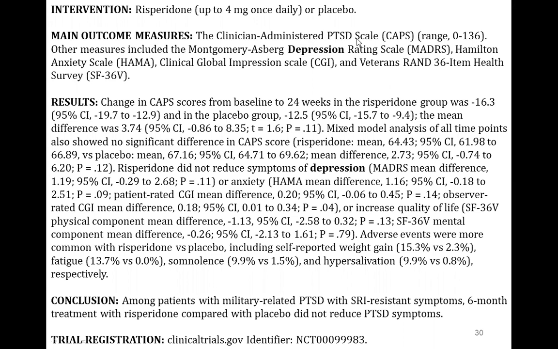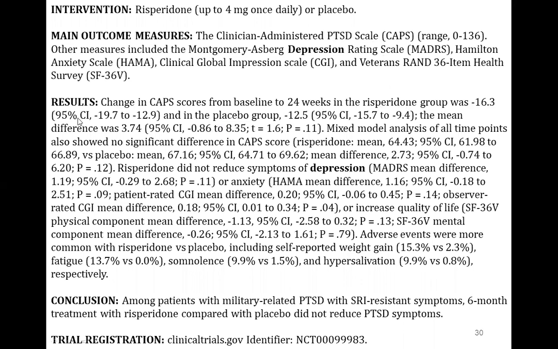They're looking at placebo versus treatment, but they're also comparing baseline to 24 weeks. The change in the score for the risperidone group was minus 16.3. If their PTSD responses are going down, that shows improvement, right?